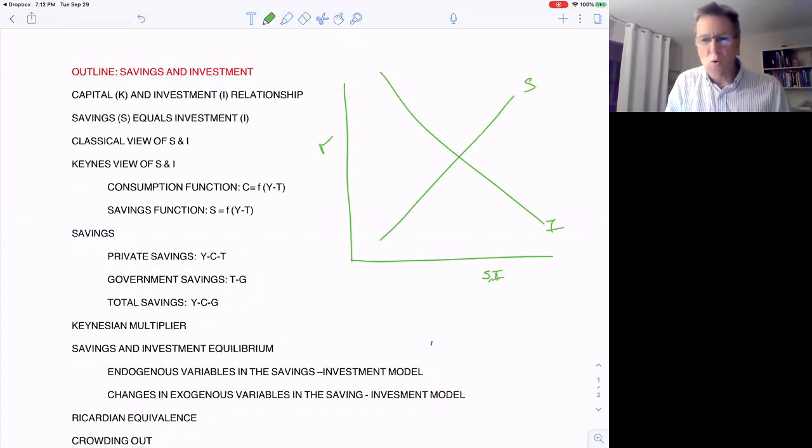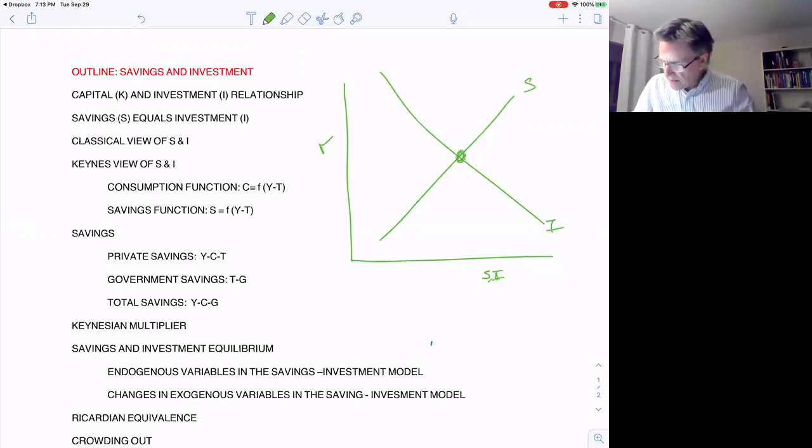Keynes said it just won't work in the short run. Keynes revamped savings, and what savings is a function of. It's not just a function of interest rates like they thought. It's a function of mainly income. And investment is a function of more than just income or interest rates. It's also a function of animal spirits.